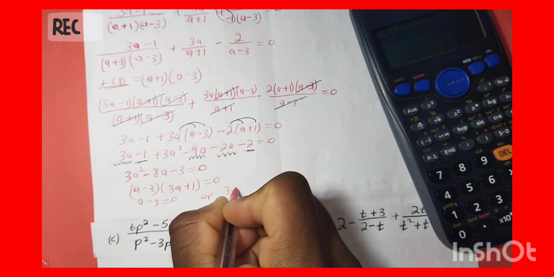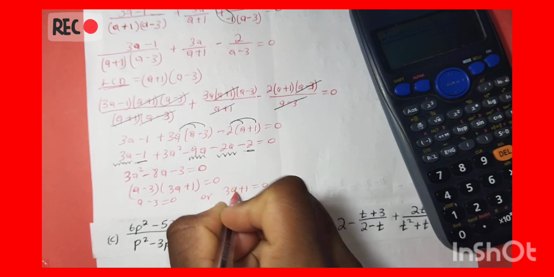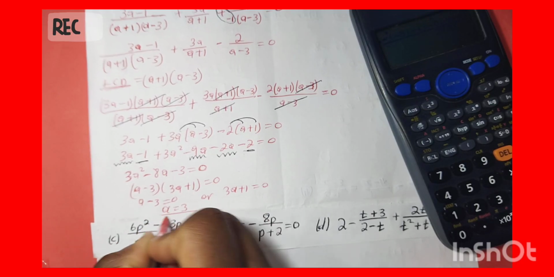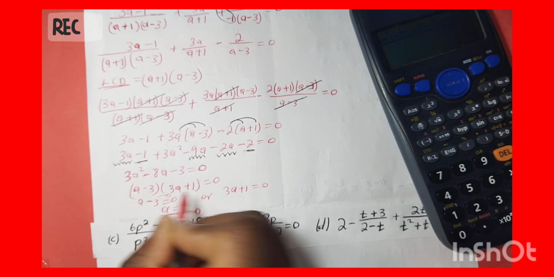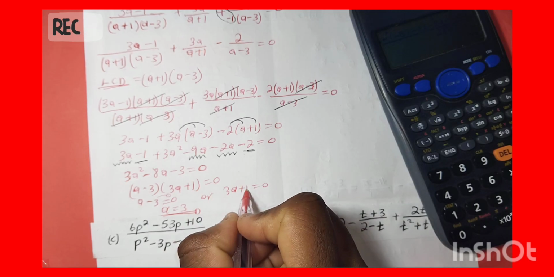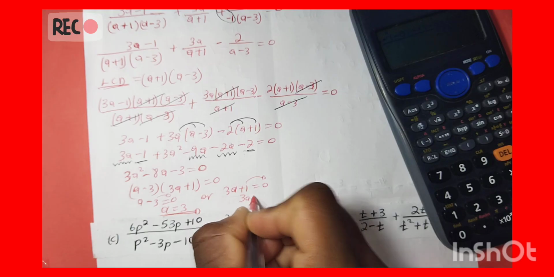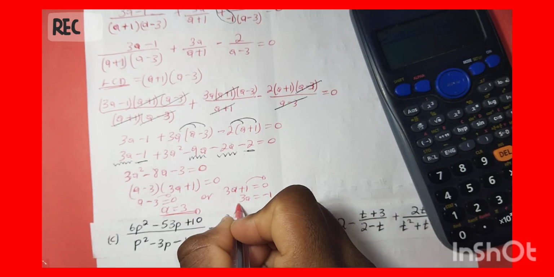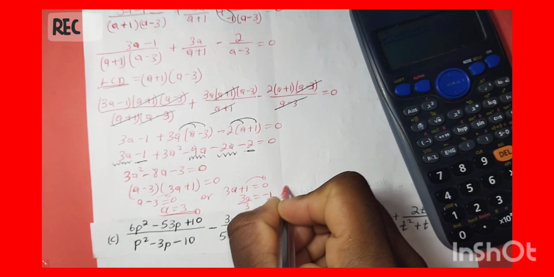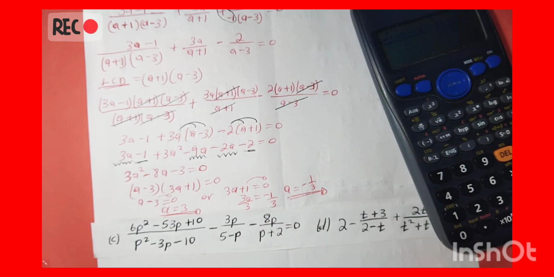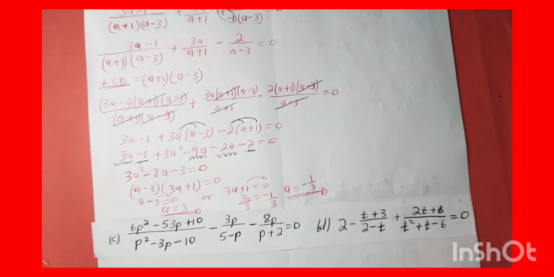Don't forget that thing, it's the zero law. When I solve this, I'll get positive 3 there, taking that thing to the other side. But for this one there, what I will do, I will take this thing there to the other side, then it becomes minus 1, then I divide there by 3, meaning now a there will be minus 1 over 3. Do you see? All those answers, guys, are the ones that I already got there on my calculator. Yeah. So now what about for this one?